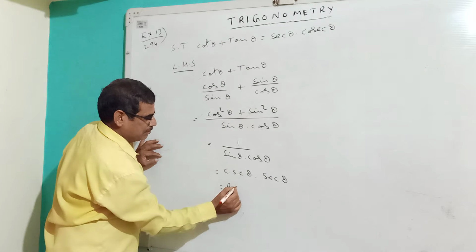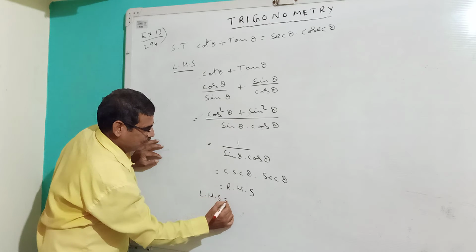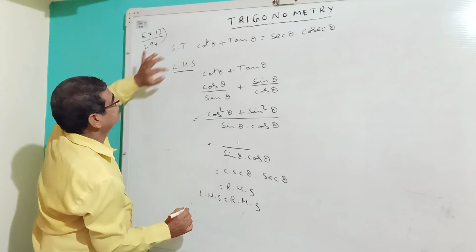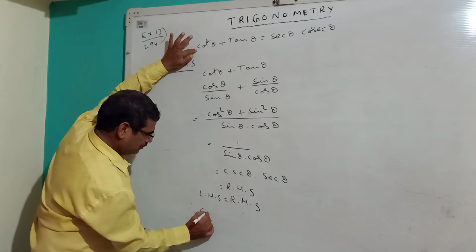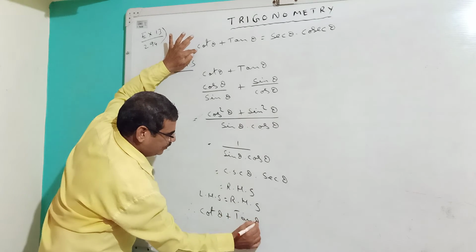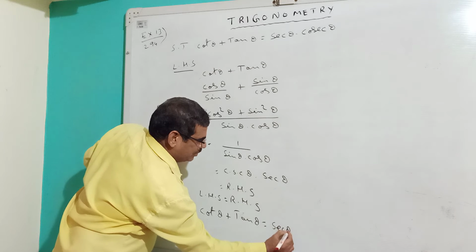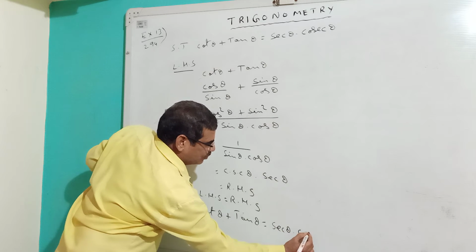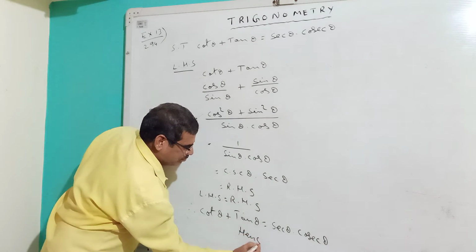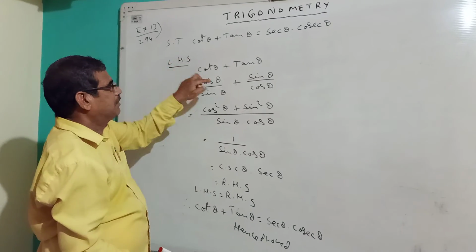LHS is equal to RHS. Therefore, cot theta plus tan theta is equal to secant theta into cosecant theta. Hence, proved.